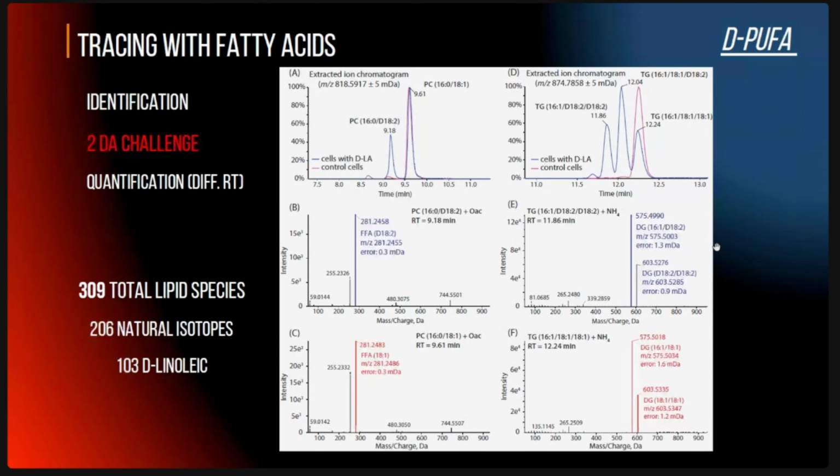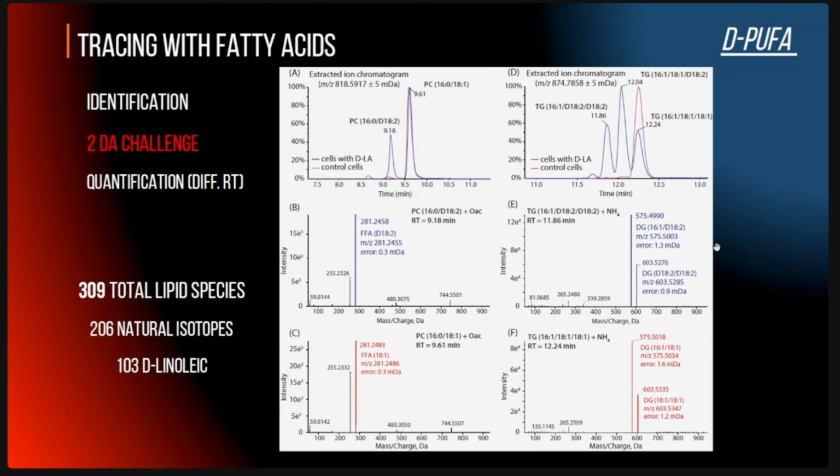But one of the things that is amazing about these compounds is that the molecule that has the same mass, like the phosphatidylcholine 16:0/18:1 in this case, and the phosphatidylcholine 16:0/D-linoleic acid, come in a chromatogram at different retention times. So it's very easy to follow not only the differences in mass, but also the differences in retention time, which facilitates a lot the quantification of these compounds.